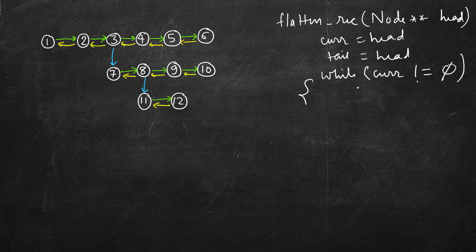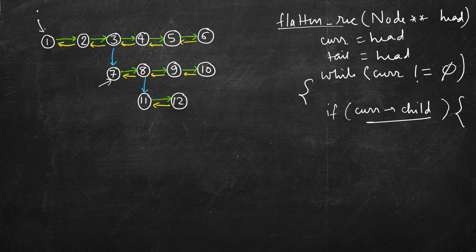Then we will check whether this current node has a child or not. If it does not have any child, then move current to next. If current has a child, so this is not null, then we will call this recursive function on the child itself.